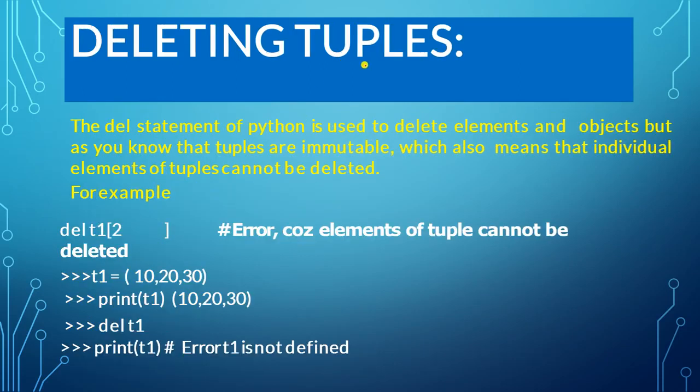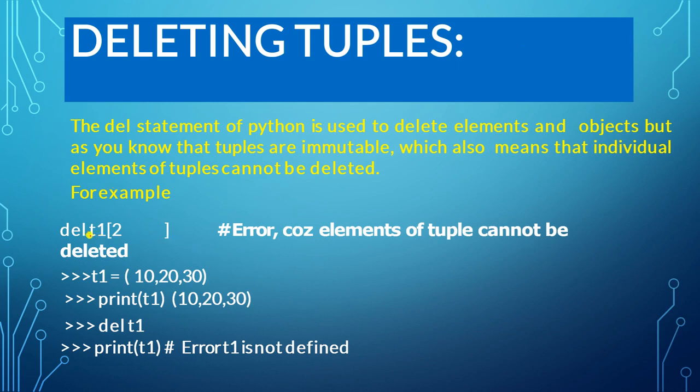Now next is deleting a tuple. How will you delete? By the del statement of Python, which is used to delete elements and objects. But as you know, tuples are immutable. It also means that the individual elements of a tuple cannot be deleted.